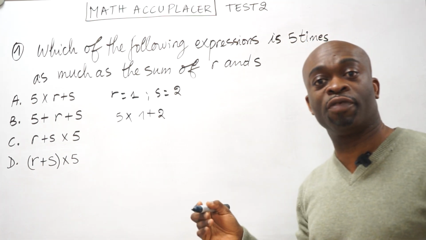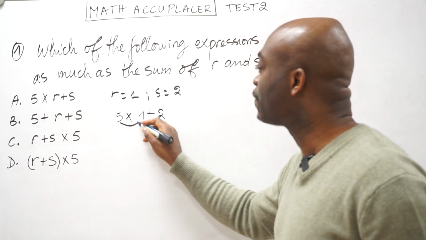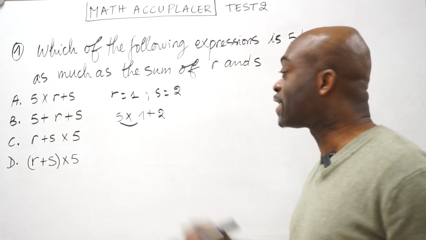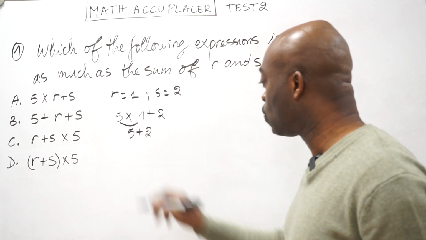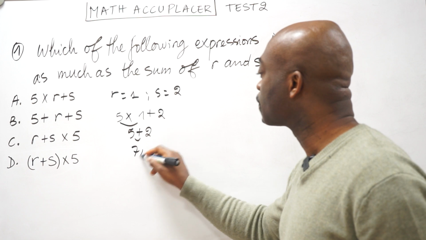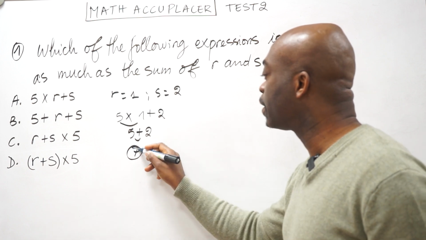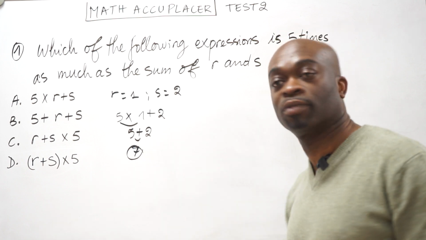If you follow the order of operations, you multiply first: 5 times 1 is 5, and then you bring down the 2. 5 plus 2 is going to give us 7. So that's what we get for the first answer, positive 7.